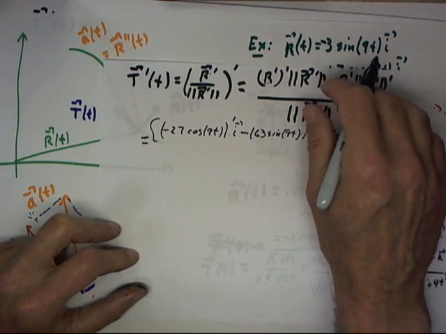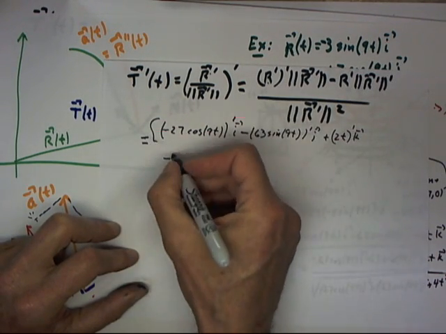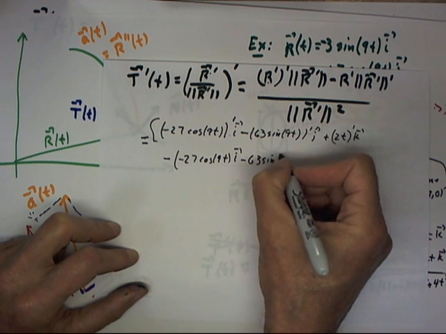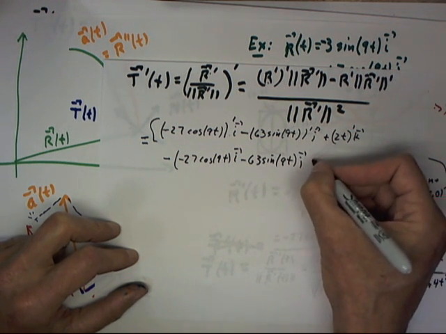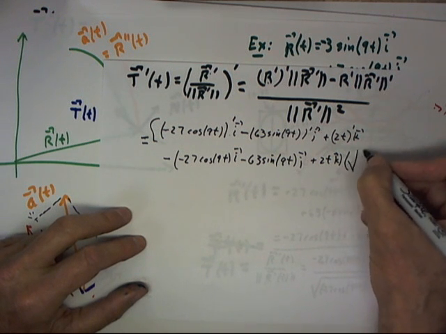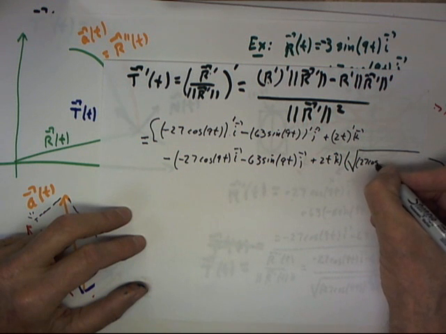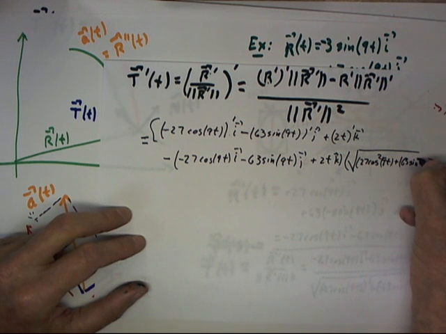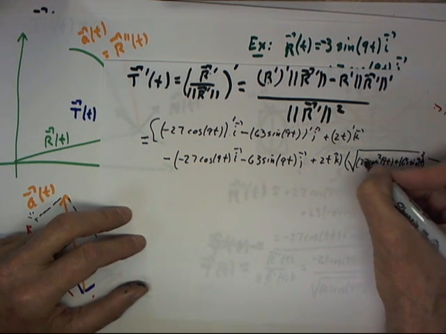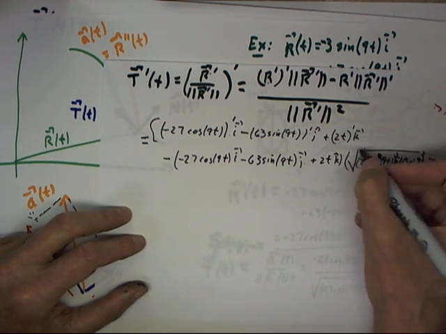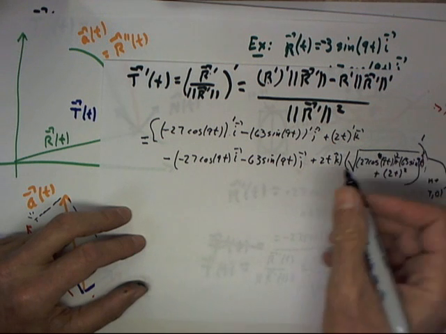And I'm not going to get that all in one line, but then it's going to be minus the r prime, which is just our negative 27 cosine of 9t i minus 63 sine of 9t j plus 2t k, multiplied by the derivative of the square root of 27 cosine of 9t quantity squared plus 63 sine of 9t quantity squared, and I got my square in the wrong place there, plus 2t quantity squared, all that prime.